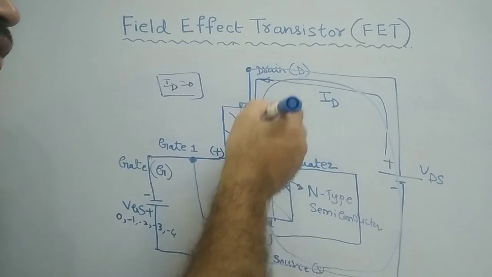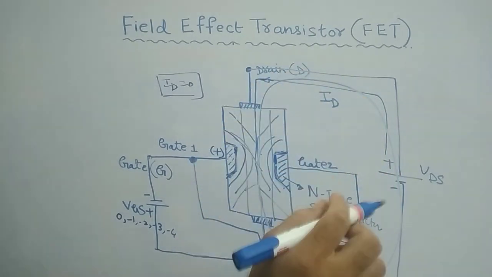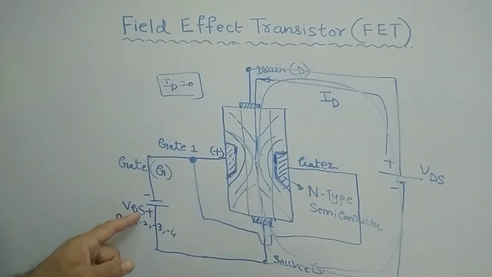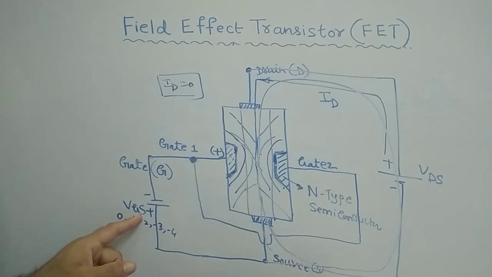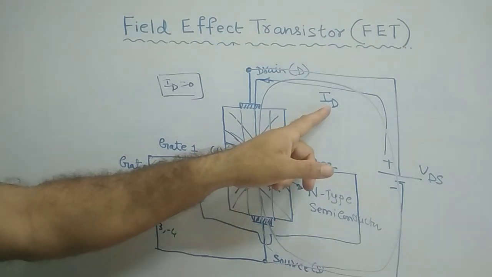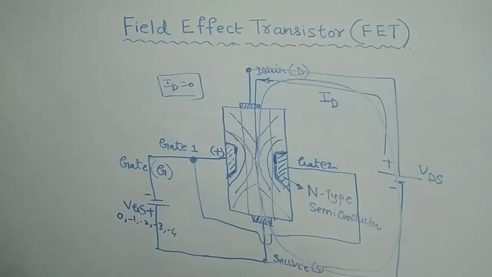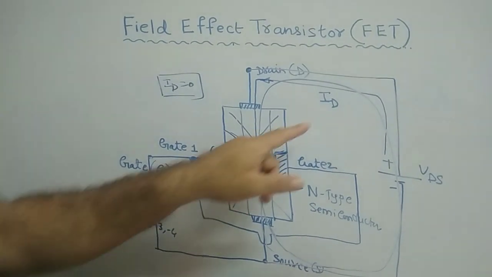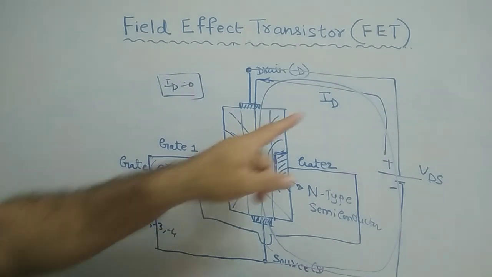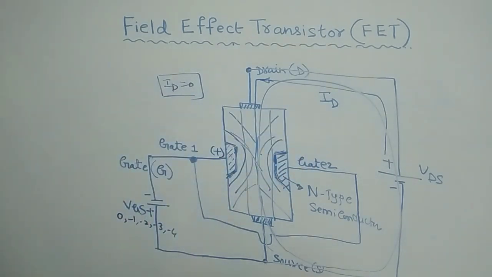If you want a certain value of the current ID, then VGS must be as close to 0 as possible, that is, minimum. If VGS is minimum, you will get the maximum value of current. If it is maximum, you will get 0. That is the relation between these two. I hope you are following the concept.